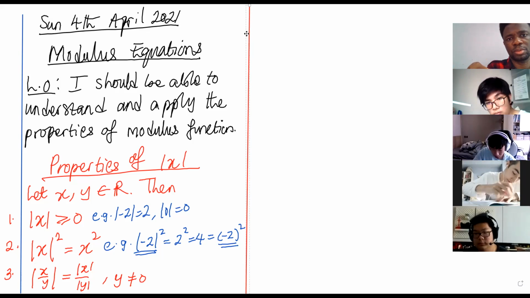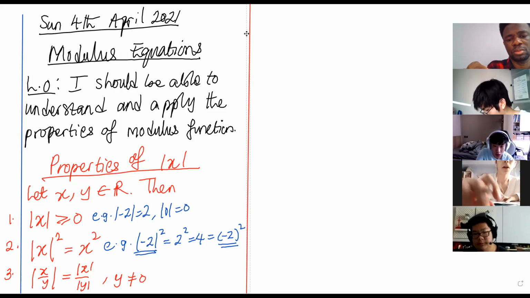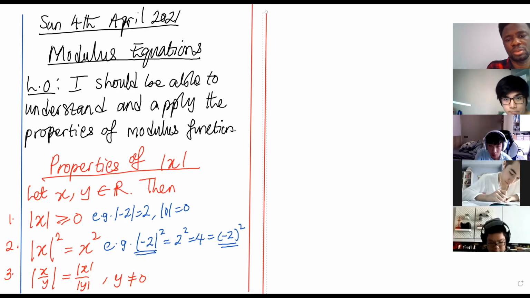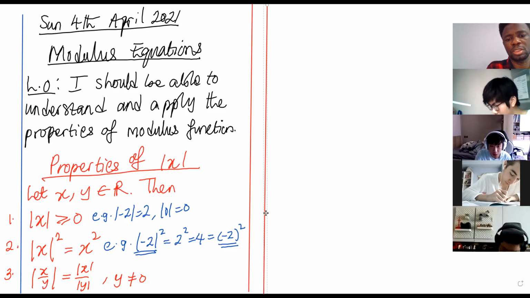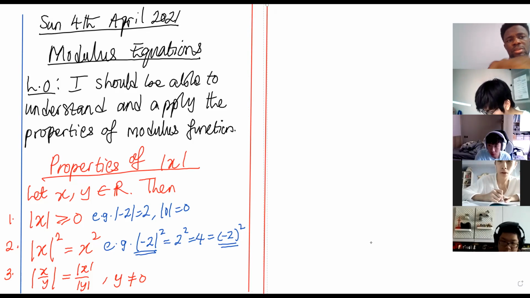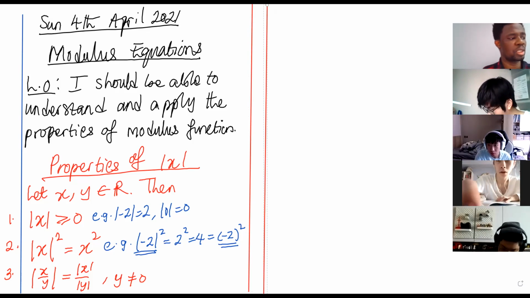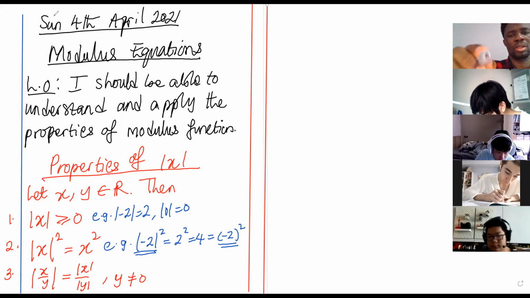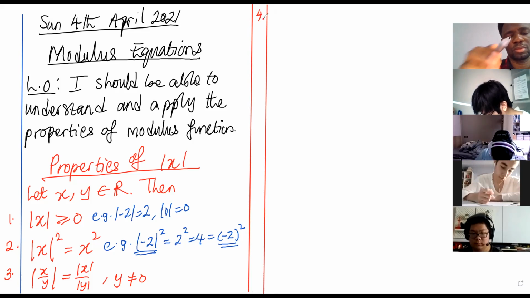What do you mean it's not possible? It doesn't exist for real numbers. Say that again, Elson. It doesn't exist. Real or complex, you can't have 0 at the bottom. Just say it doesn't exist. Well done. Okay. So number 4.